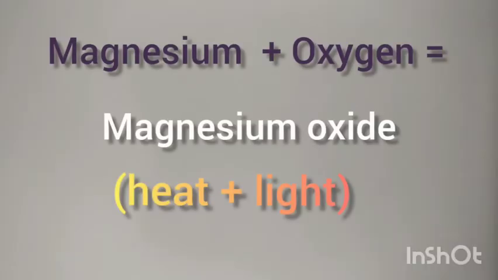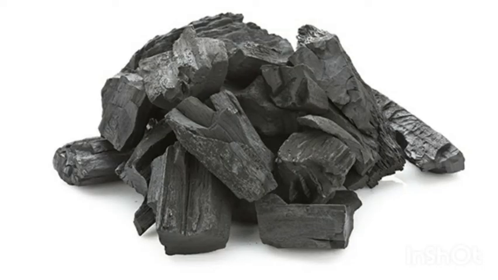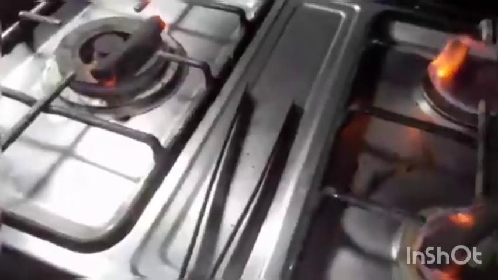Now, what you have learned from this experiment is that magnesium burns to form magnesium oxide and produces heat and light. Now, let us perform a similar activity with a piece of charcoal.